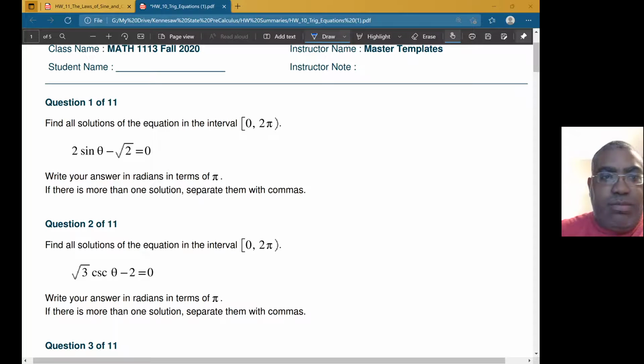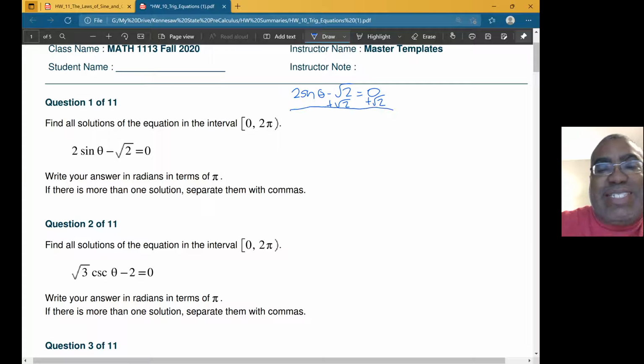All right, question number 1. Find all solutions of the equation in the interval from 0 to 2 pi, including 0. 2 sine of theta minus root 2 is equal to 0. We solve it like we do a regular equation. Plus root 2 on both sides.